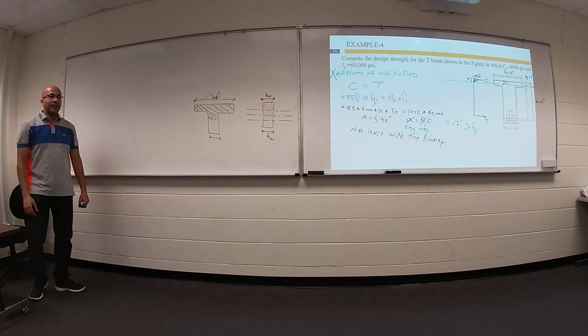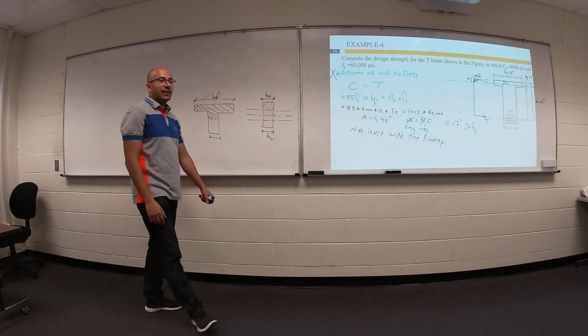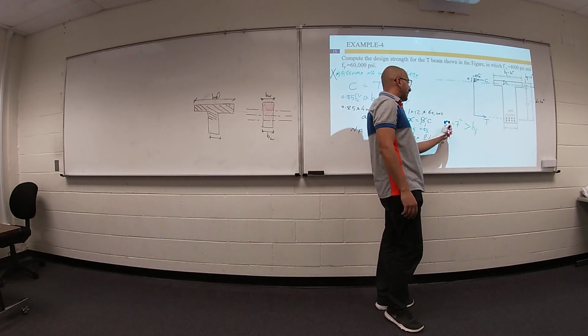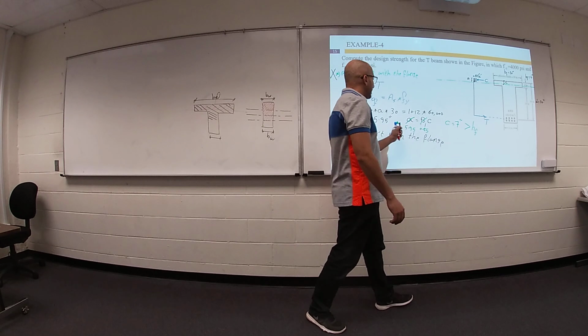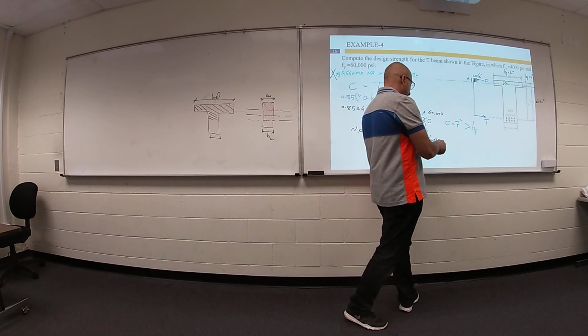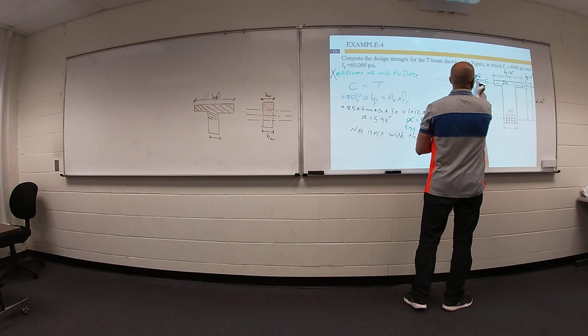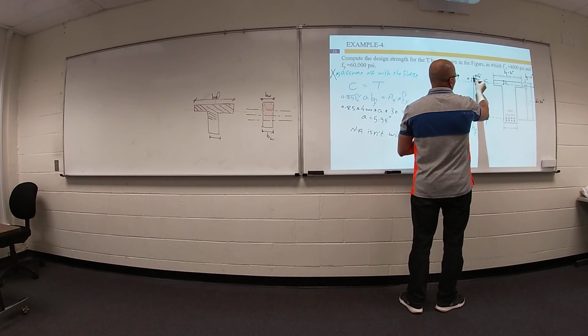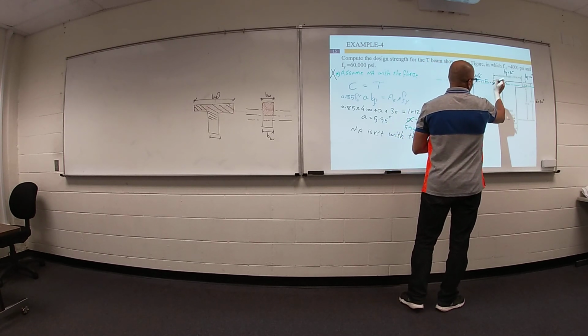Dr. Raymond? Yeah. What if your a is in the flange but your c is not? No, my concern is a. That's right. My concern is a, because where is your stress block? This is the most important one. This one must be within.